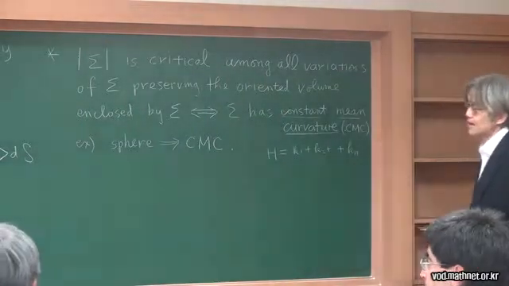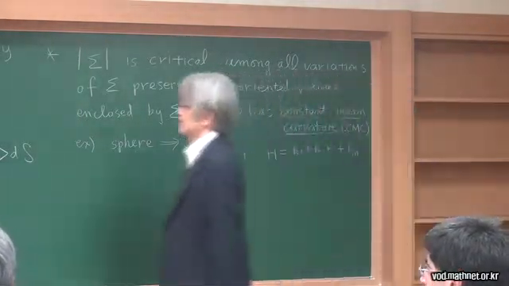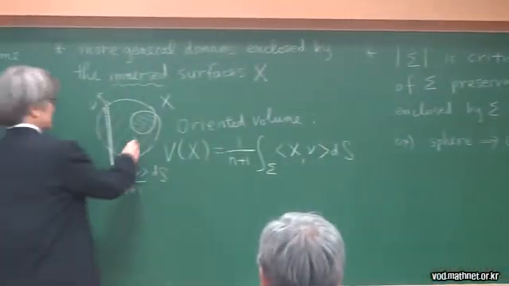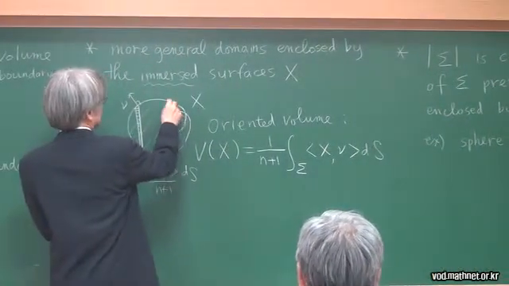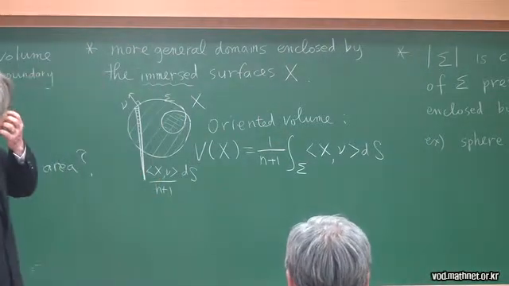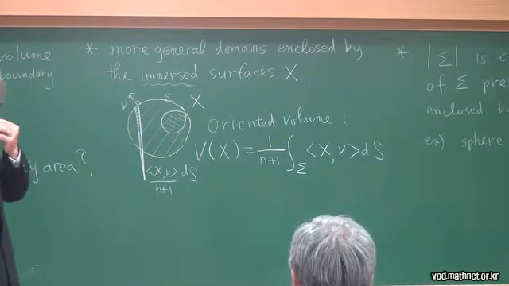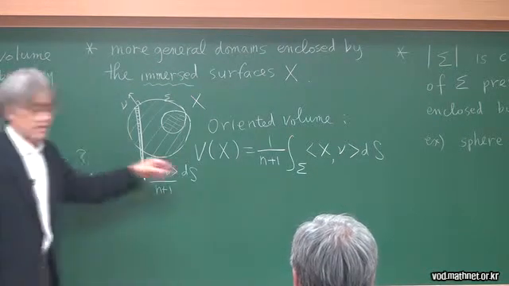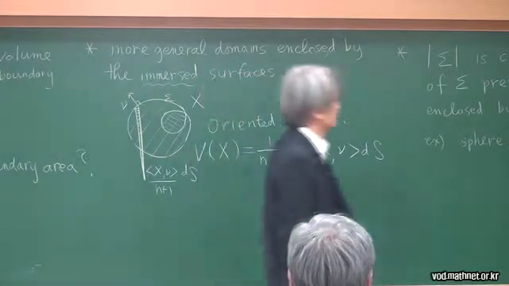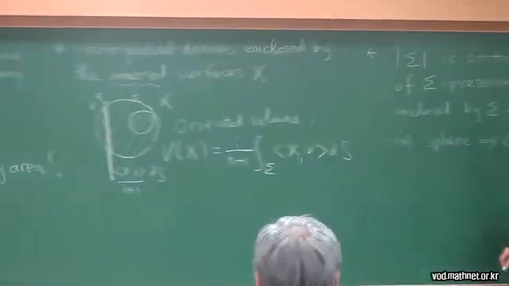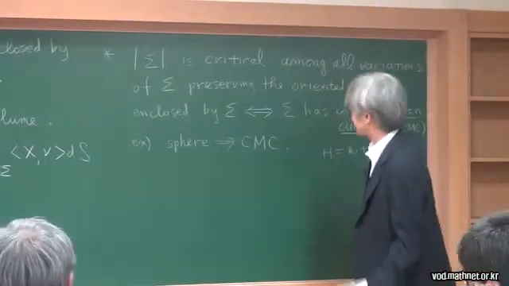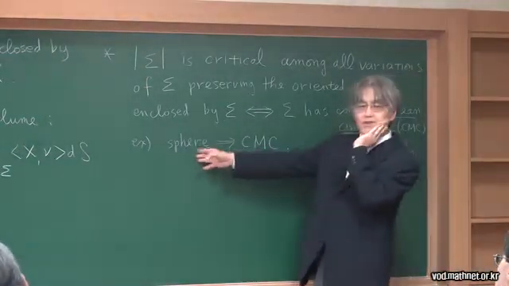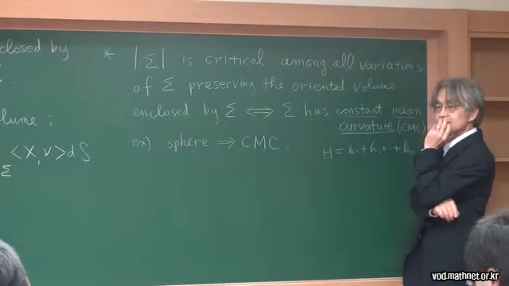You are integrating over sigma, where sigma is the boundary. And x lives in R^(n+1). So the sphere is the standard example for the constant mean curvature surface.